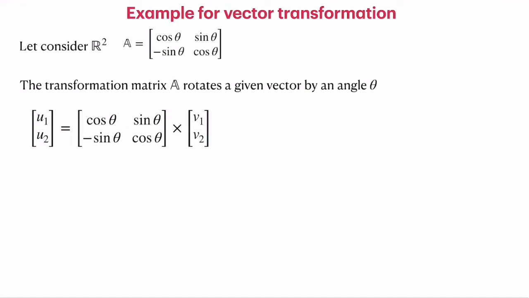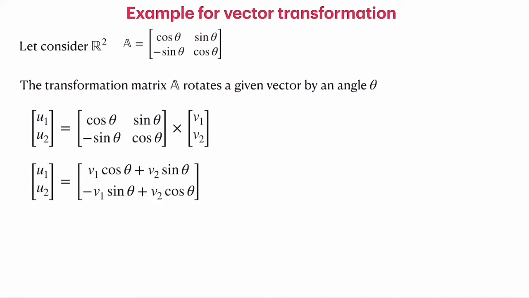Now we see that the components of vector V after transformation can be given by the components u1 and u2. This is simply operating our matrix on the column vector v1 and v2, and then we obtain this expression for u1 as v1 cos theta plus v2 sin theta, and u2 as minus v1 sin theta plus v2 cos theta.